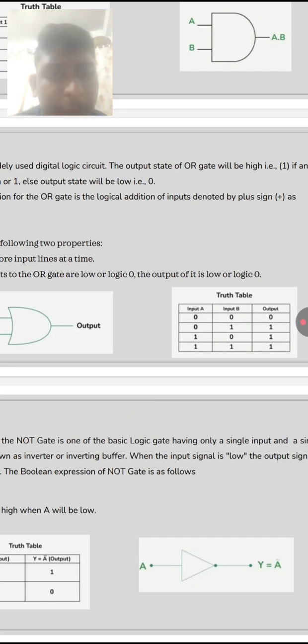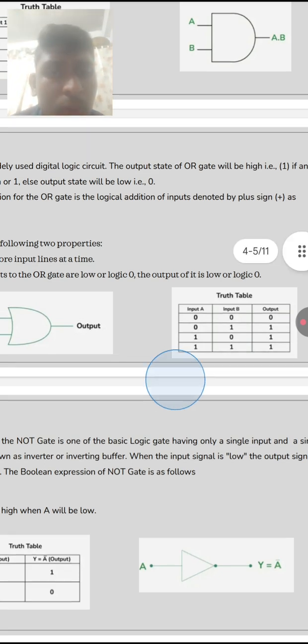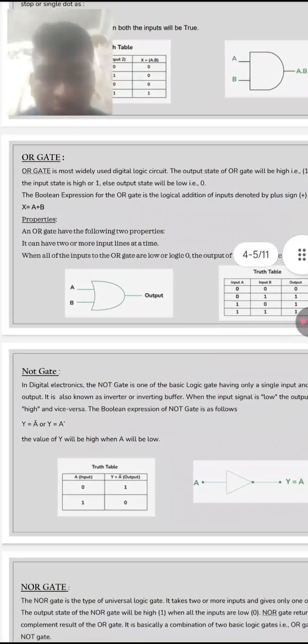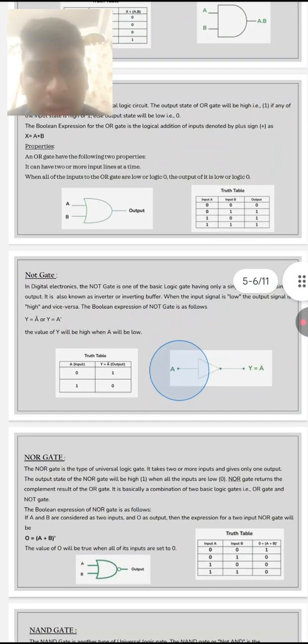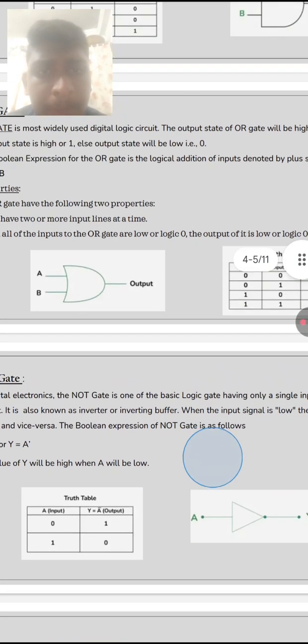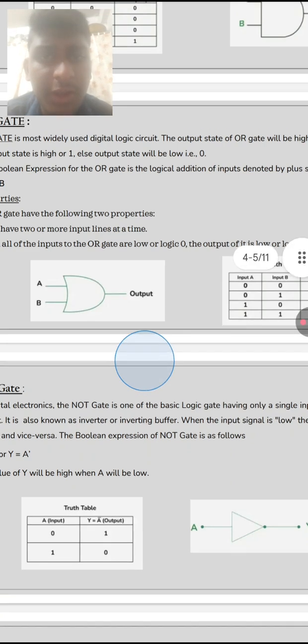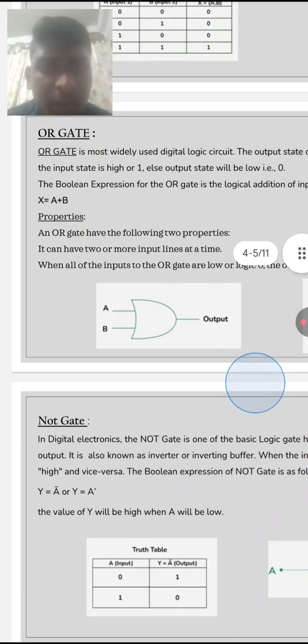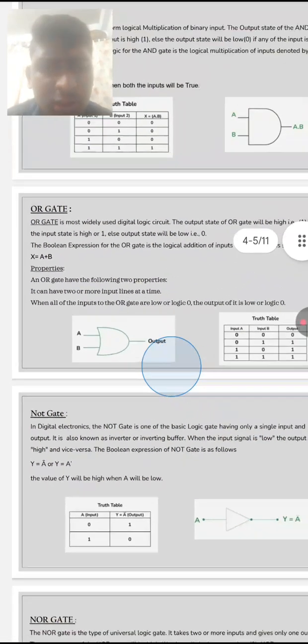Input A and input B, then we can see the output: 0 plus 0 is 0, 0 plus 1 is 1, 1 plus 0 is 1, 1 plus 1 is 1. Now we are going to see the output of the diagram. The OR diagram is shown.